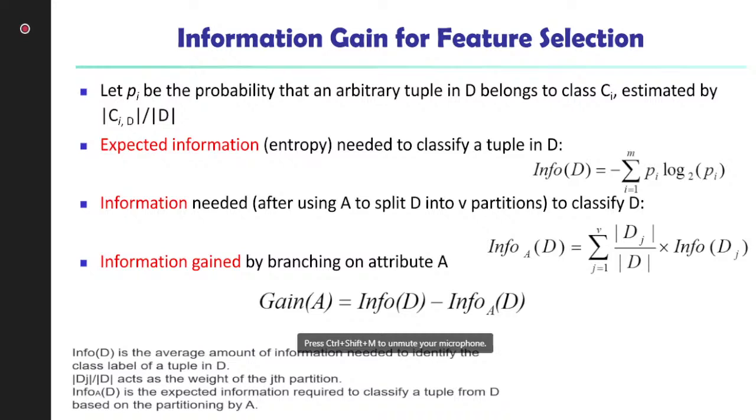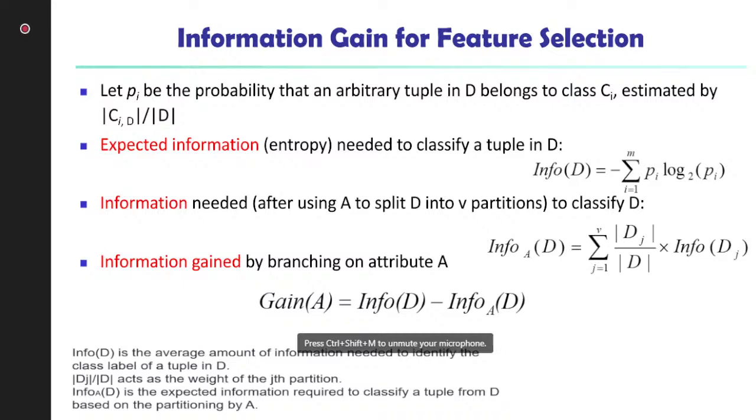The information of the whole data would be very simple. We will see an example of it also. It says that it's a summation over all m classes of pi log2 of pi, right, where pi is the probability that a tuple belongs to class ci. Since we have categorical data, there are classes, right? So when we see the data, this thing would be clear to you.